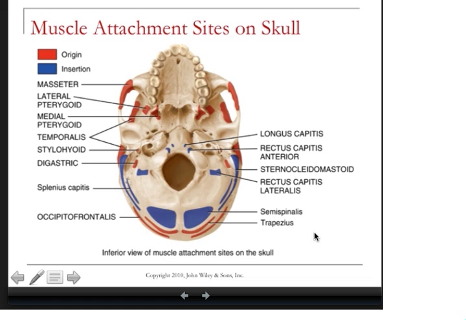These are again just the attachment sites on the posterior, inferior base of the skull. There's the foramen magnum. These are the occipital condyles, just to orient you. And what you're looking at here, again, the insertions are in blue, the origins are in red, and you can see where all these different muscles attach.